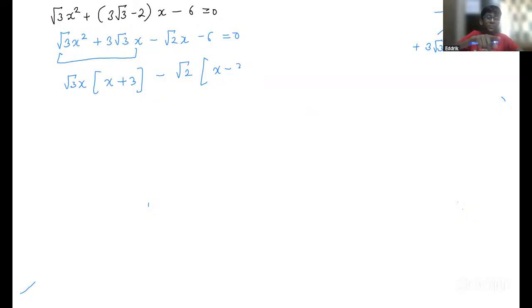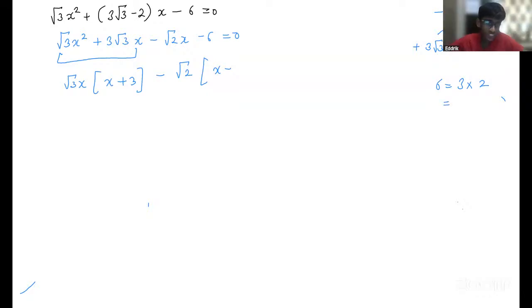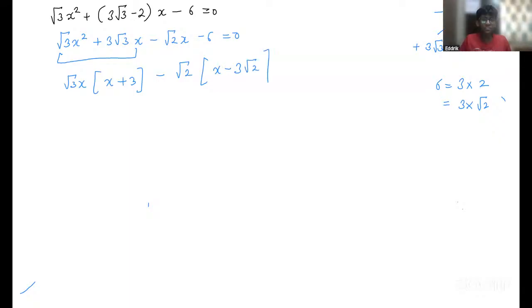Sir, not root 2. So it's 2. 6 can be written as 3 into 2. Then why did you write root 2x minus 6? It should be 2x minus 6. No, 3 root 2 will come, no? Wait. So root 2 into 3 root 2 is 6.